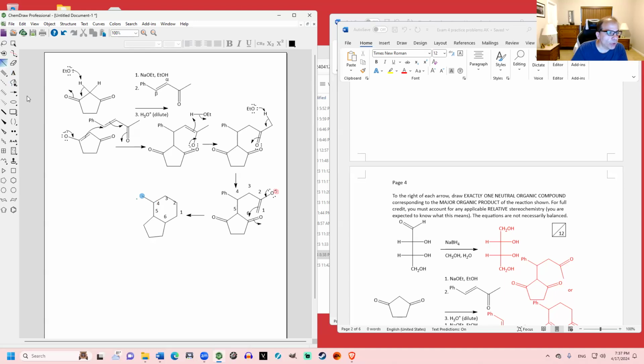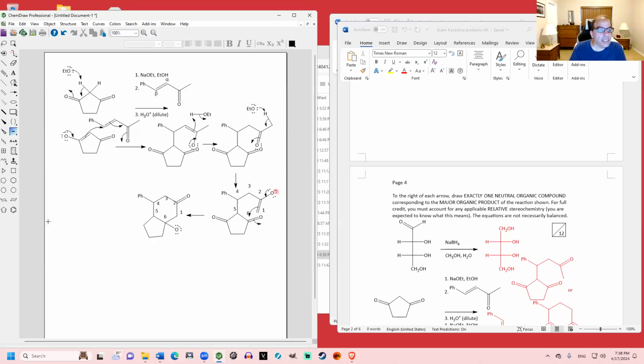Carbon 4 has the phenyl group on it. Carbon 3 is a CH2. Carbon 2 has the carbonyl. And our new bond is between carbons 1 and 6. And on carbon 6, we still have O minus. Like that.